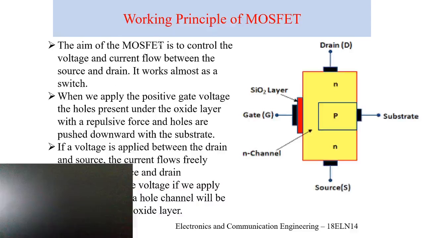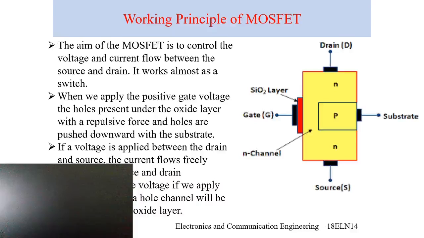When we apply a positive gate voltage, the holes present under the oxide layer experience a repulsive force and are pushed downward into the substrate. If a voltage is applied between the drain and the source, the current flows freely between the source and the drain, and the gate voltage controls the electrons in the channel.